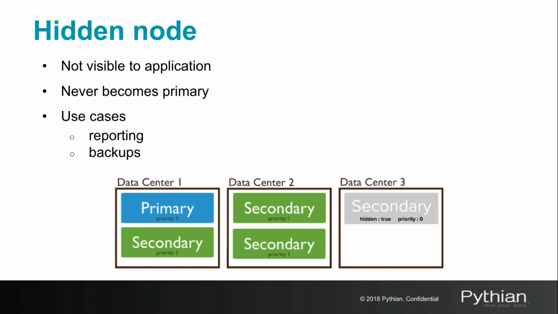Hidden nodes are also priority 0 nodes, but the driver does not see this node. So if you have a 5 member replica set, the driver will only see the 4 members that are not hidden. However, you can use this node for running reporting queries directly against the node, or you can utilize hidden nodes for taking backups.